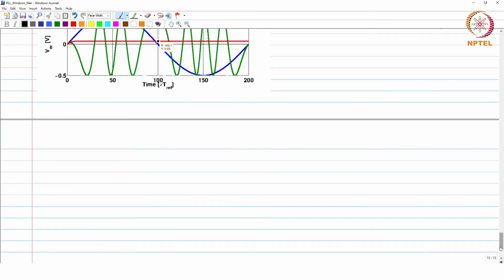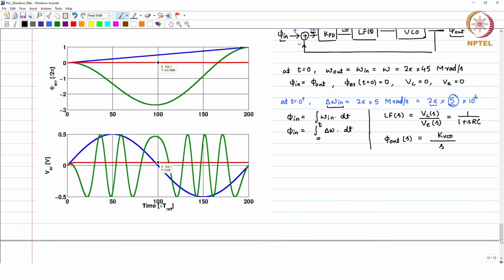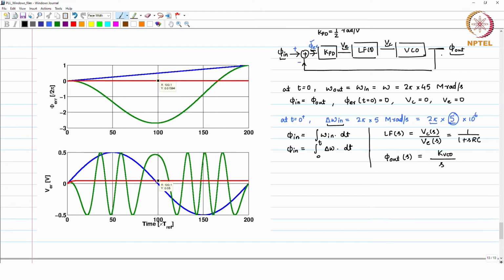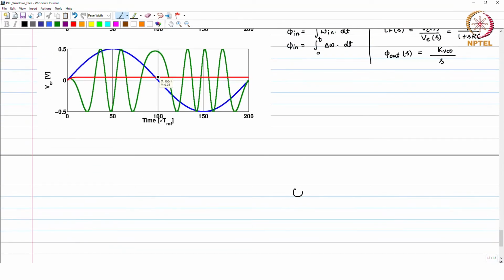So, given the PLL here which you see in this particular case, the model for this is going to be, we have seen, I am just writing in terms of gain. So, I have half plus 1 by 1 plus SRC times KVCO over S. Okay.